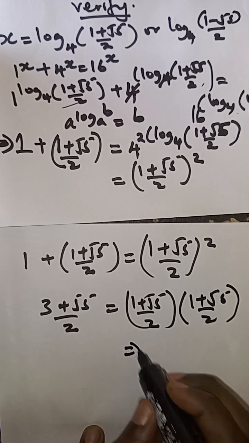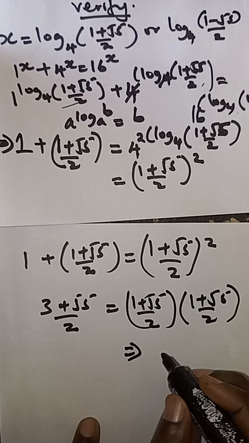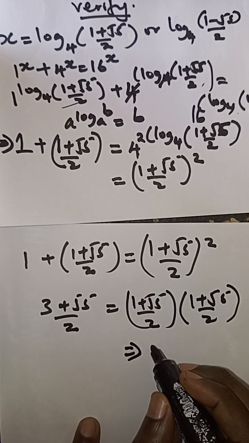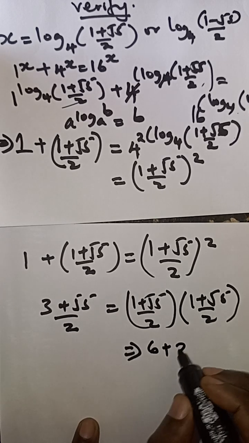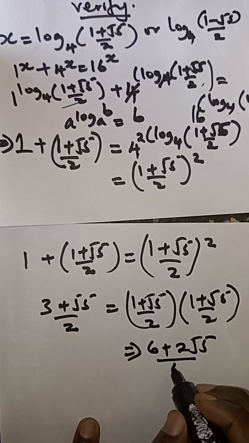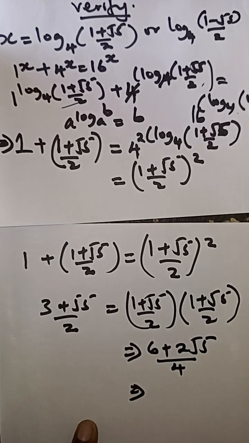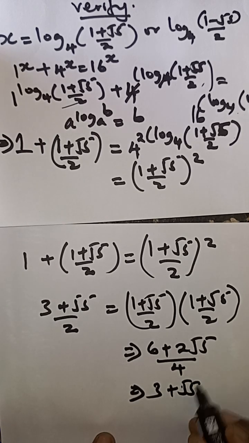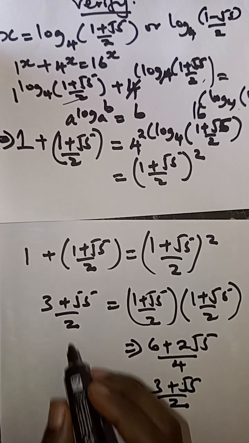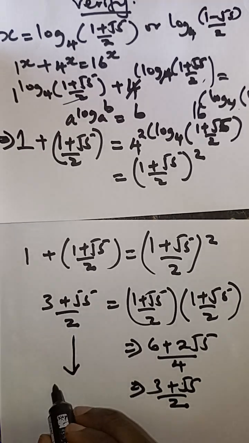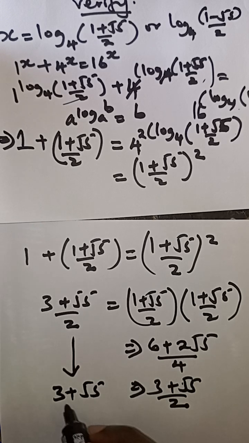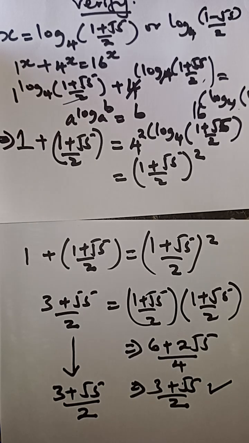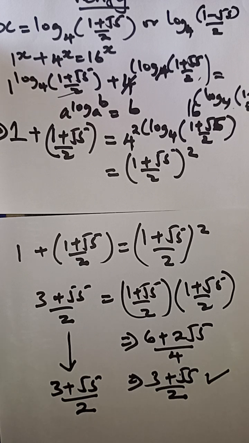This can be further written as (6 plus 2 root 5) divided by 4, which of course can be simplified as (3 plus root 5) over 2, which is equal to the left hand side. Hence our proof, and we have verified that the actual value of x was indeed that one.